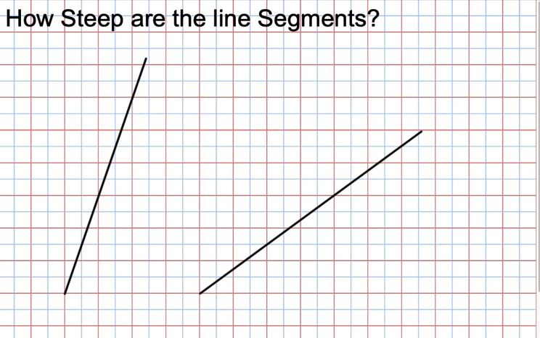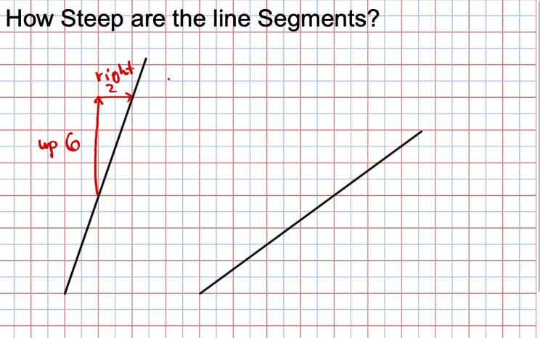We're going to do the steepness of line segments by doing a ratio of how quickly they go up compared to them going over. This has an up of 6 and a right 2.